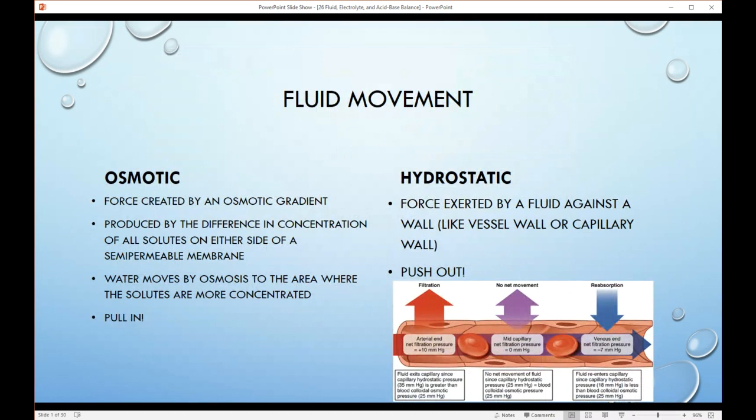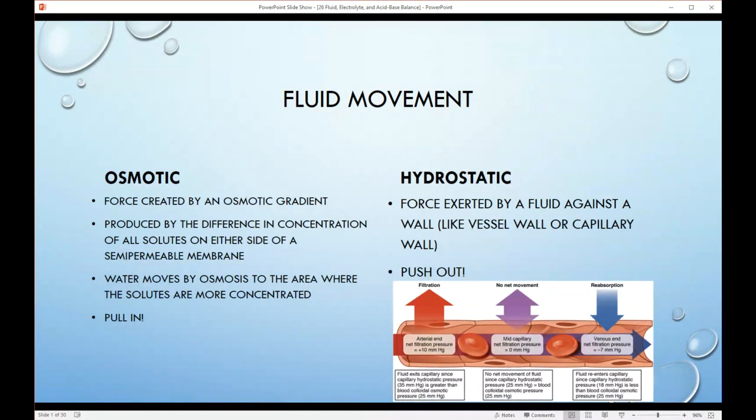So remember, when we move fluid, we have two different pressures that we've talked about. We have that osmotic force, which is created by the osmotic gradient. We have solutes on one side of a semi-permeable membrane, and the water is going to move by osmosis to the area where the solutes are more concentrated.